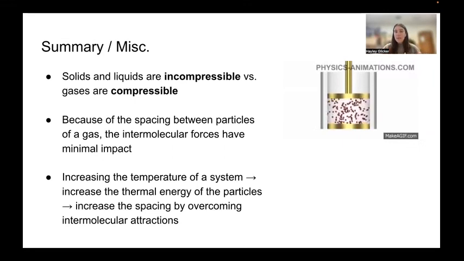The higher the temperature, the more energy, and the more energy means we're starting to break those intermolecular forces. Recall from the previous lecture video, if that's a little bit confusing, that important slide where I talked about melting and how we can understand temperature in relation to intermolecular forces.